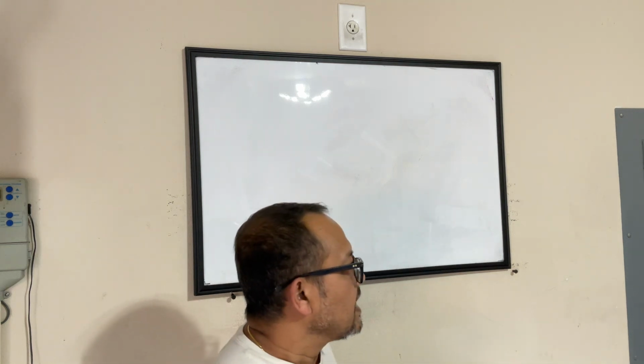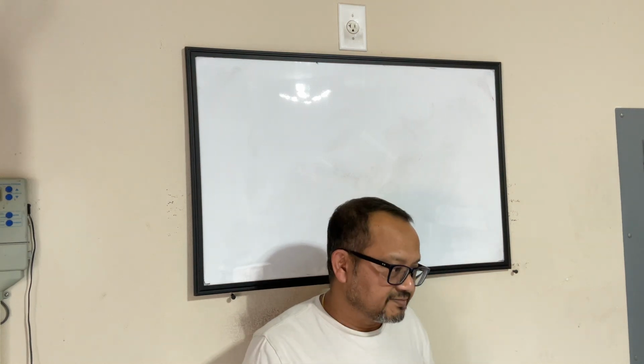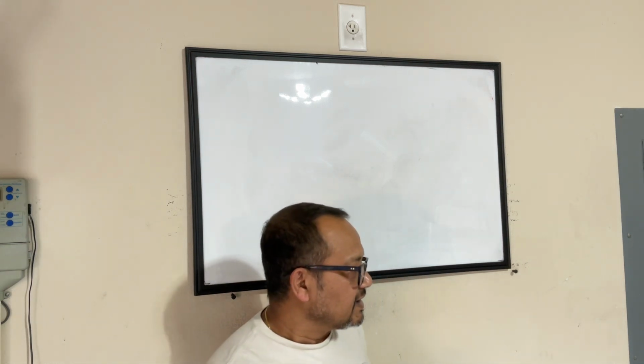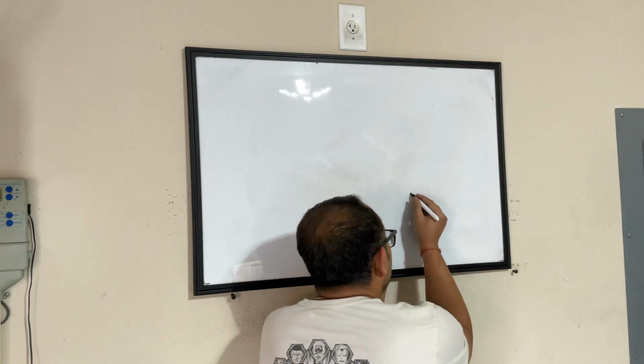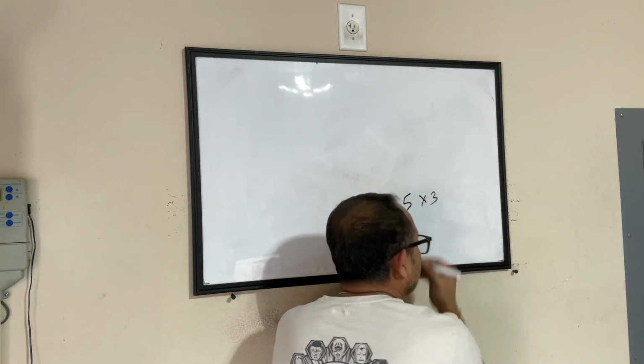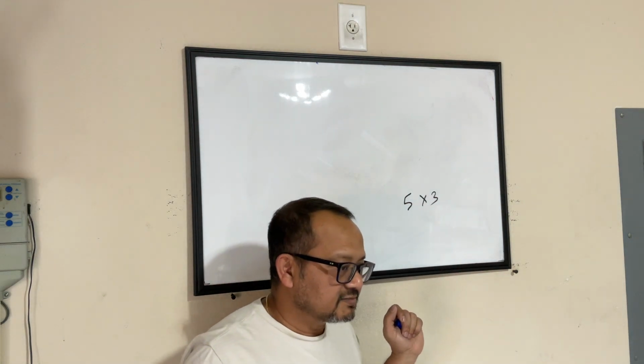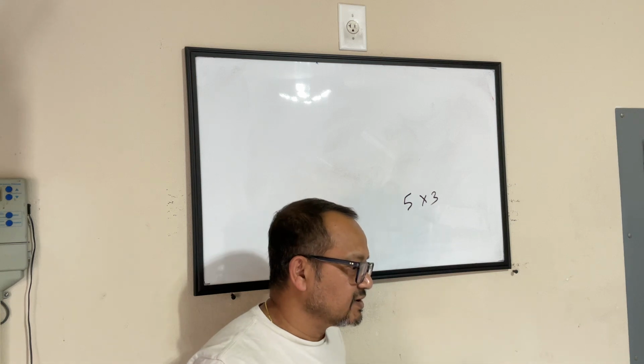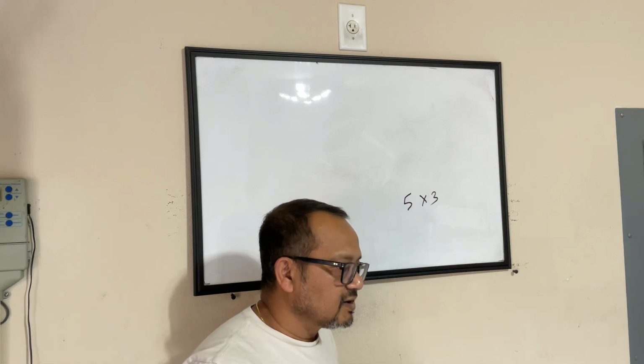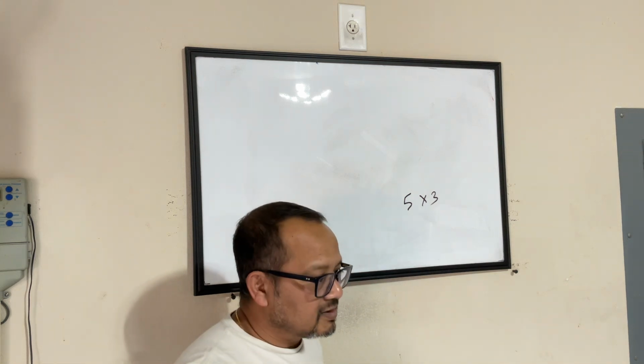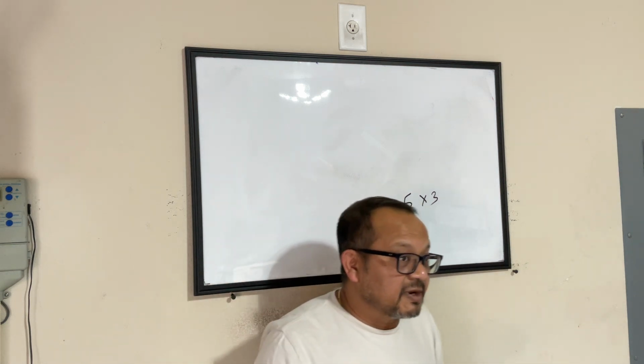Yesterday we had the same number of kids as Wednesday. Wednesday had number of kids equal to 5 into 3. How many students do we have in the class today? 15. No, right now? Yeah, I'm repeating my question again.